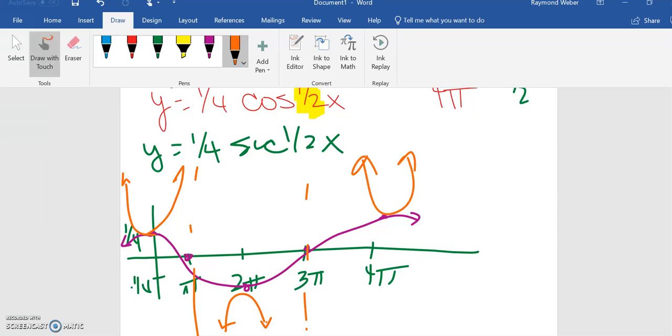I'm just filling in, remember, so that the asymptotes are going to be where the x-intercepts were on the original cosine graph, and then each of the humps, the peaks, the mins and maxes, are where your parabolas are going to take off, and you're really just filling them in so that they fill out to the asymptotes. Okay.